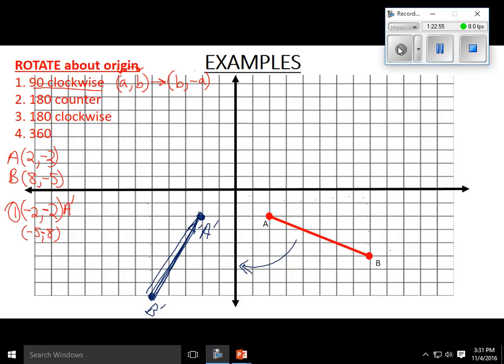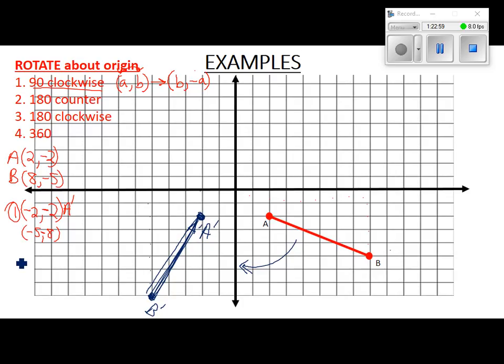All right, next if we want to do number 2. Number 2, we got 180 degrees counterclockwise. So our rule for 180 degrees counterclockwise is AB goes to -A, -B.